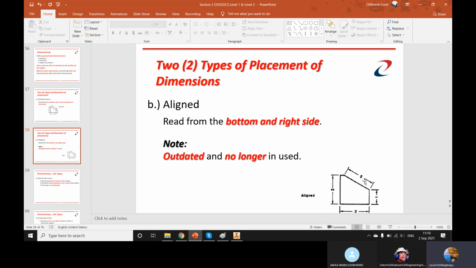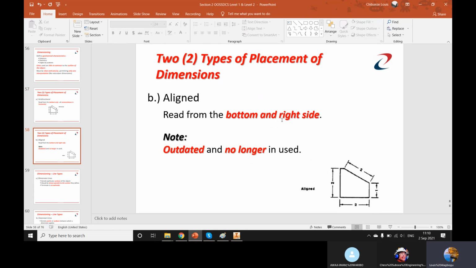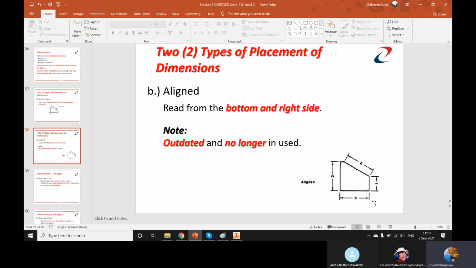But aligned, see the difference now. Are you seeing how this two is? And see how this is. So aligned now, the nomenclatures are aligned with a particular dimension.